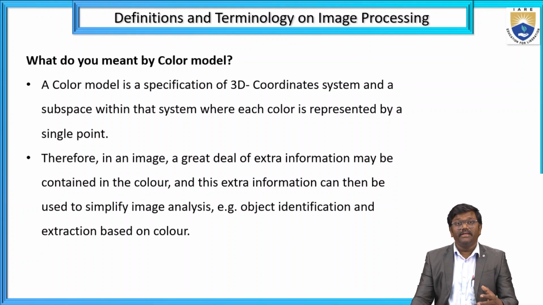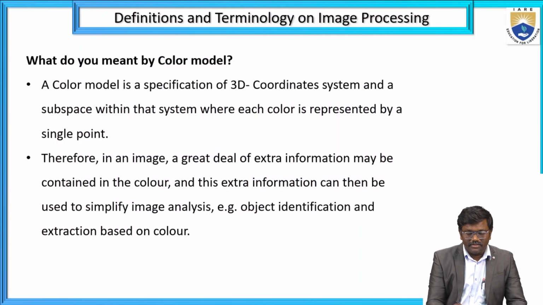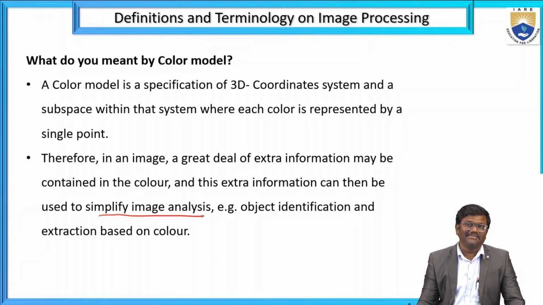A color model is a specification of a 3D coordination system and a subspace within that system where each color is represented by a single point. Therefore, in an image, a great deal of extra information may be contained in the color, and this extra information can be used to simplify the image analysis.